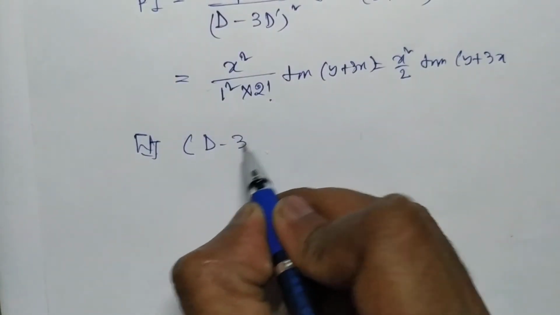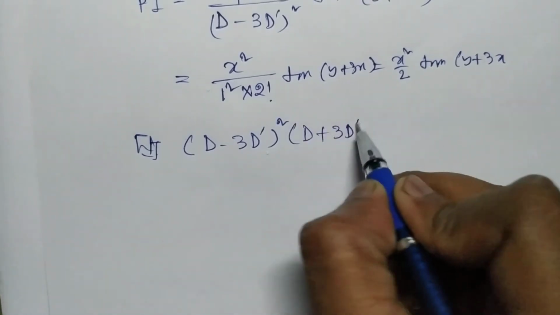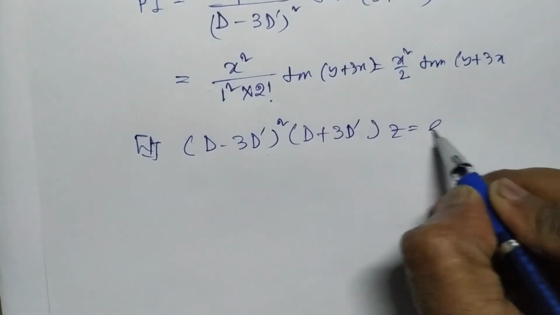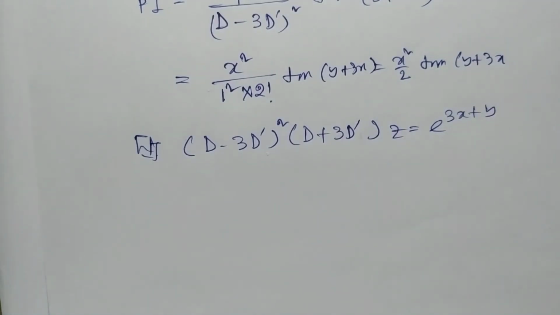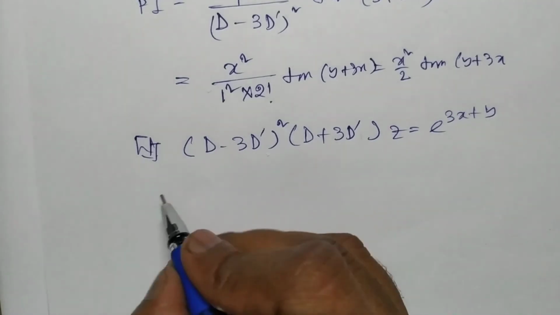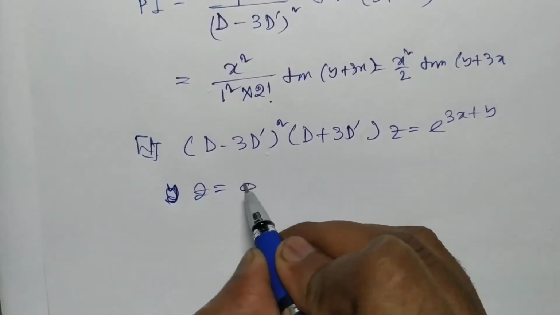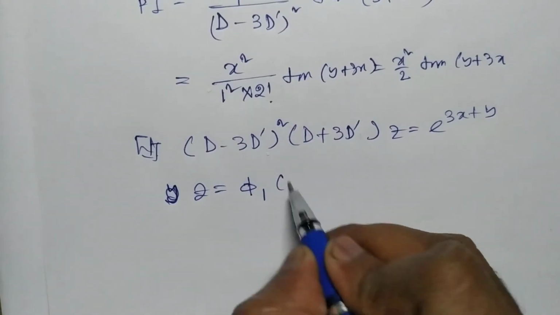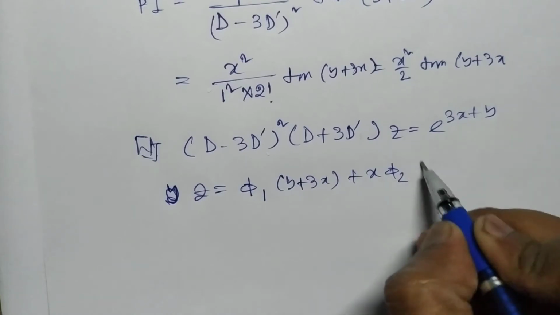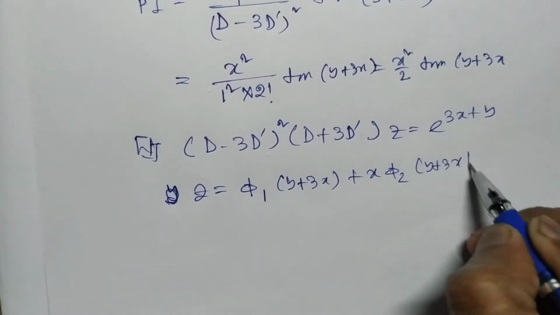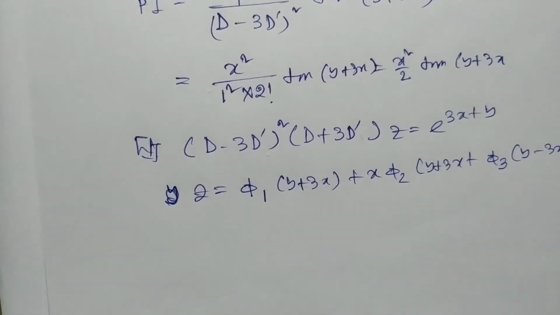d minus 3d dashed square, d plus 3d dashed, z is equal to e to the power 3x plus y. So z is equal to phi 1 of y plus 3x, and multiplicity is there, so phi 2 of y plus 3x, plus phi 3 of y minus 3x.